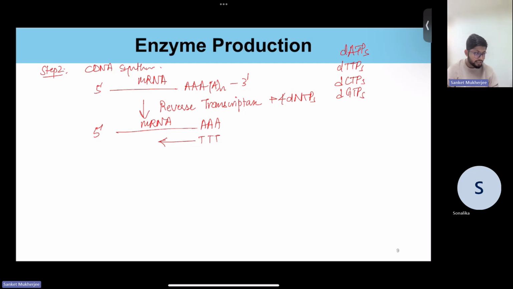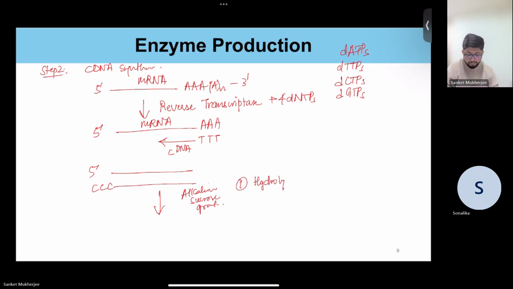After this, homopolymer tailing comes into the picture. So what we do is, in this cDNA strand, we will add, let's say, cytosine to one end. And then we will perform alkaline sucrose gradient. It has two functions. One is to hydrolyze the mRNA. It will remove the mRNA, and it recovers full length cDNA.